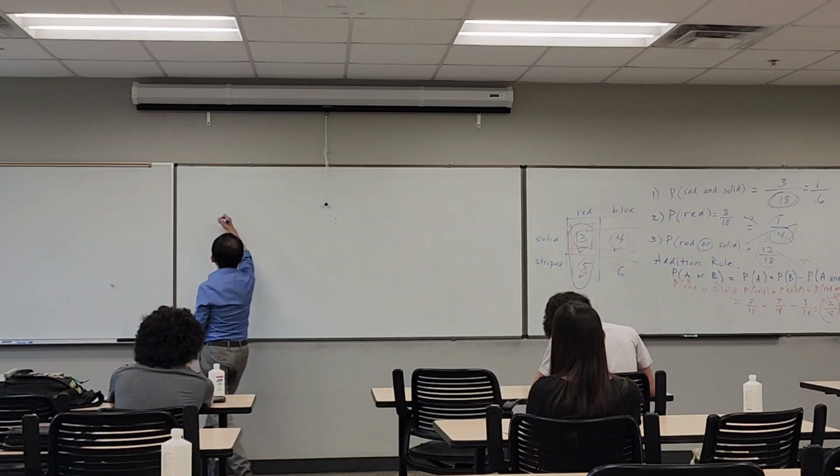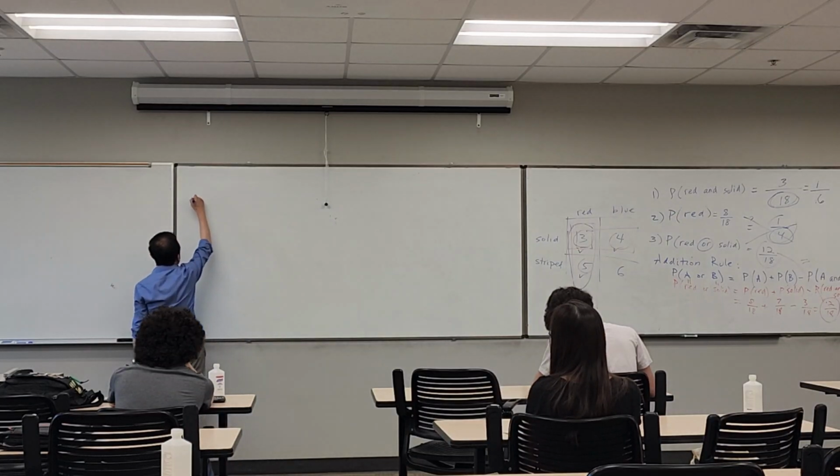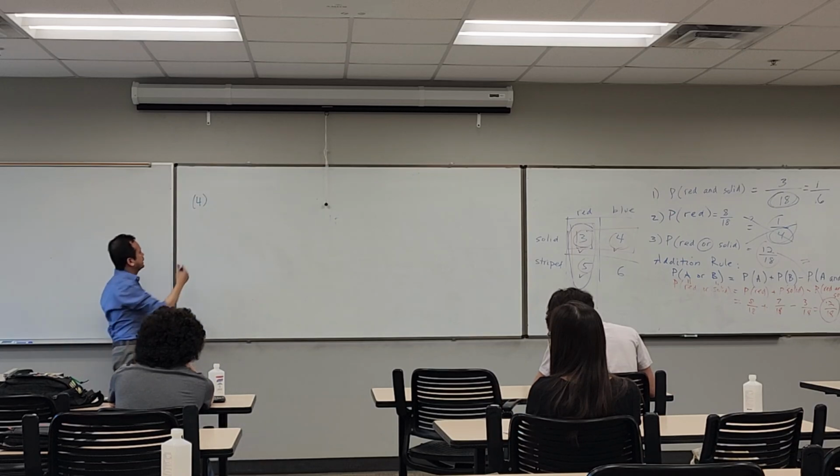So this will be number 4. So this is what we call a conditional probability.